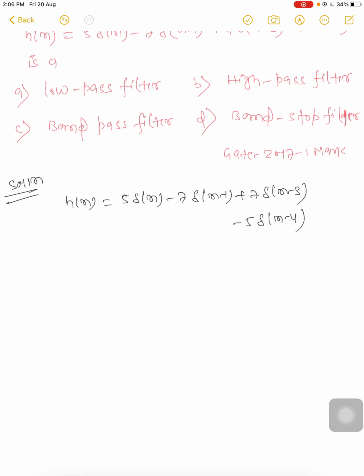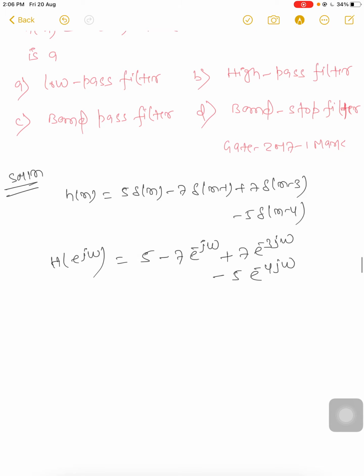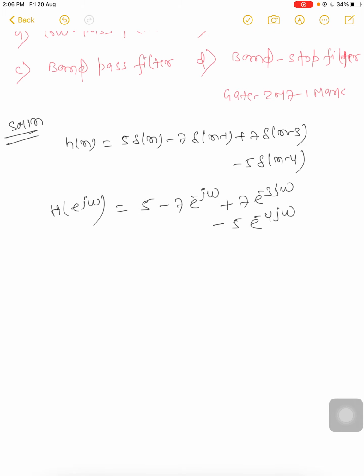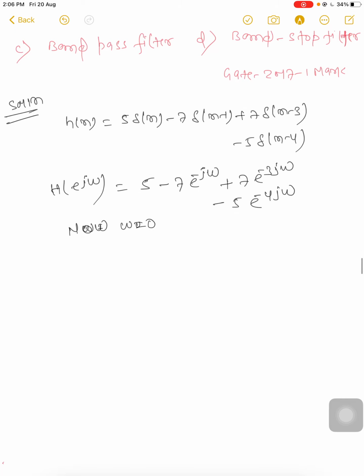It is given. Okay, and take the Fourier transform directly: H(e^jω) will be 5 minus 7 e^-jω plus 7 e^-3jω minus 5 e^-4jω. Okay, and now put omega is equal to 0.